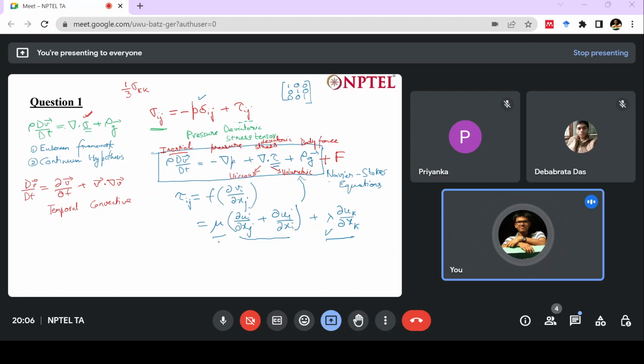It generally has two components. One is for the shear stresses, del u i del xj. When we write the velocity gradient tensor, the off-diagonal velocity gradients are related to the shear strain given in this component, and the diagonal elements are given in this component.